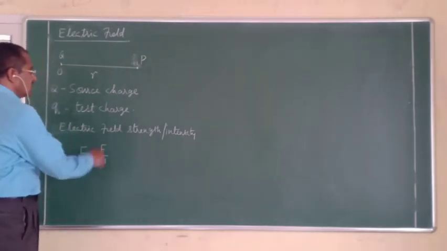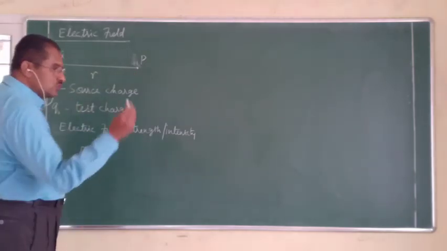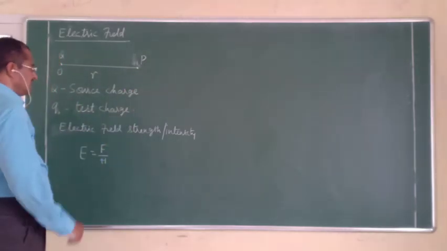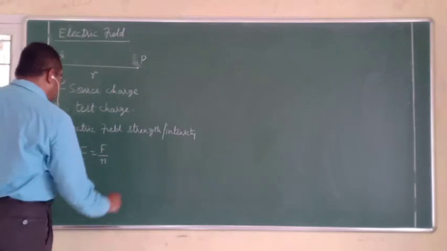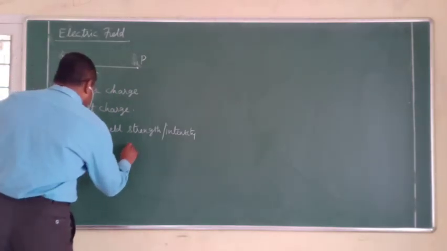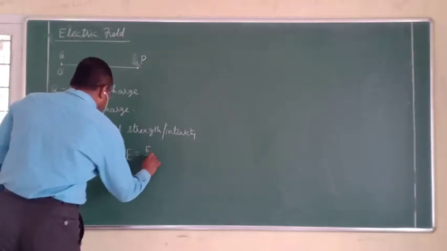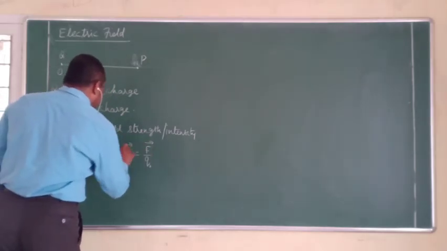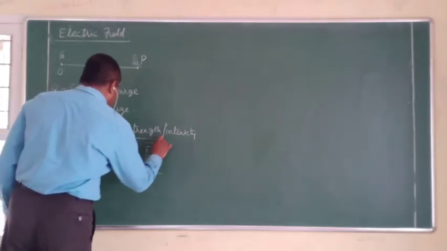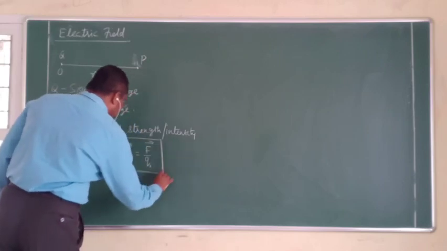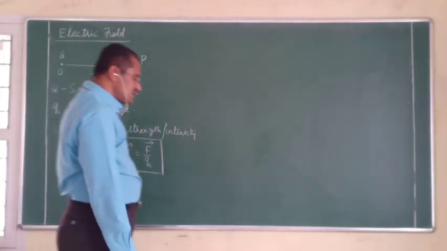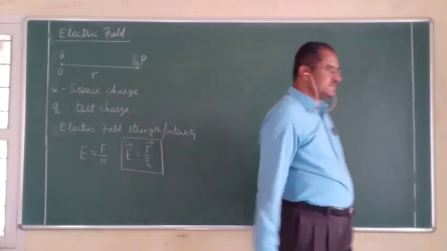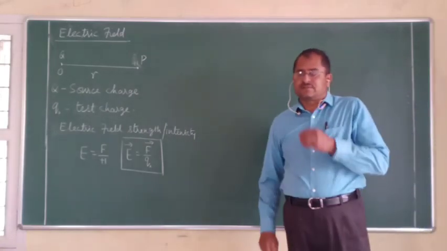Instead of unit charge, you place a charge Q naught and it experiences a force F. Then I will write E is equal to F by Q naught. Electric field is a vector. Therefore, I will write the expression as E vector is equal to F vector upon Q naught. I repeat once again.